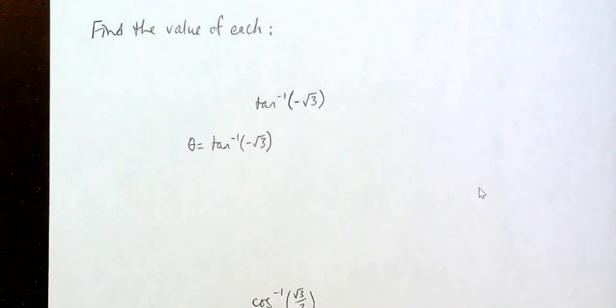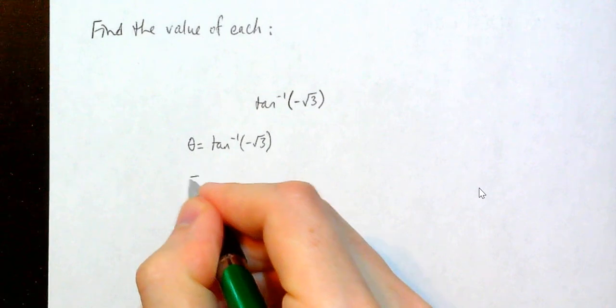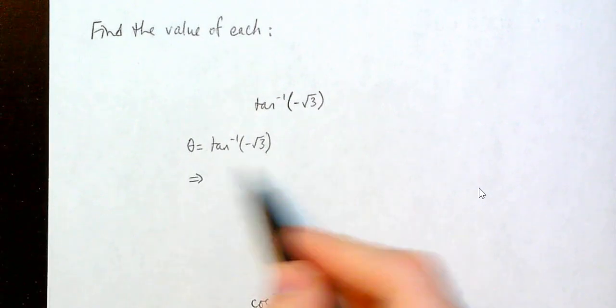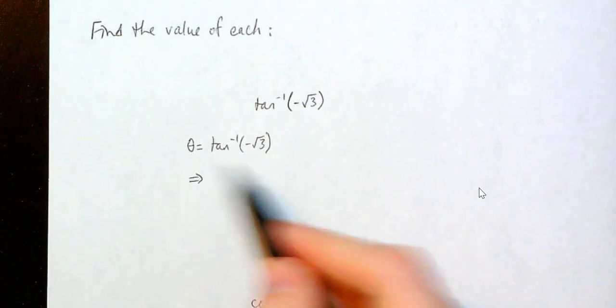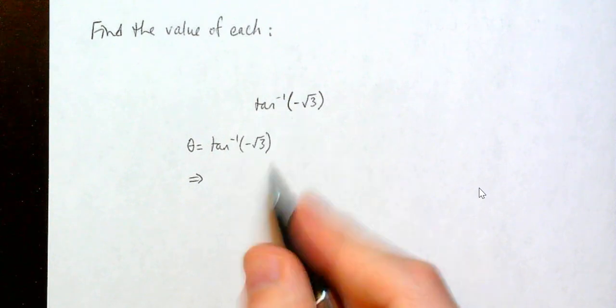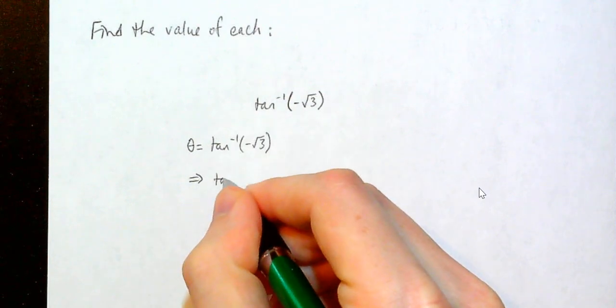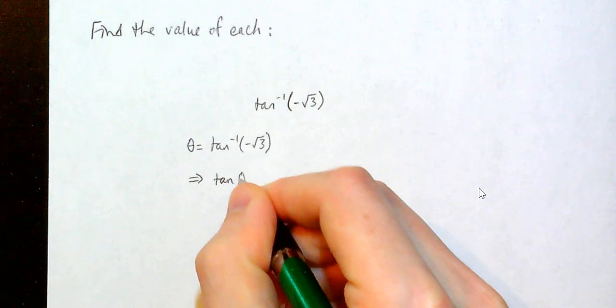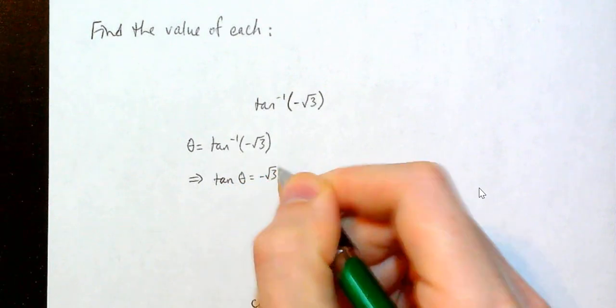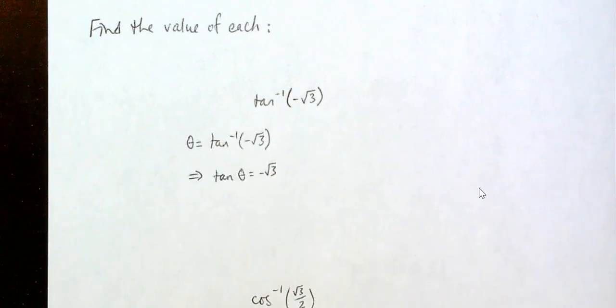Really easy, just first step is always that. Second step, I'm going to take the tangent of both sides. Or really what I'm doing is I'm just rewriting this as the tangent of theta equals minus the square root of 3.